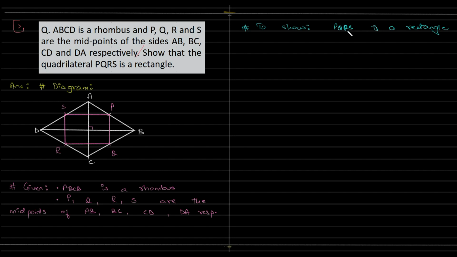Well, to prove something is a rectangle, actually I want you guys to turn the pages, look at the properties of a rectangle and decide on what you will prove.